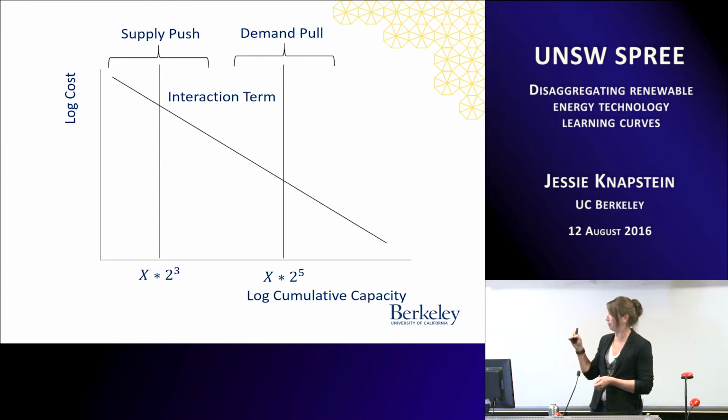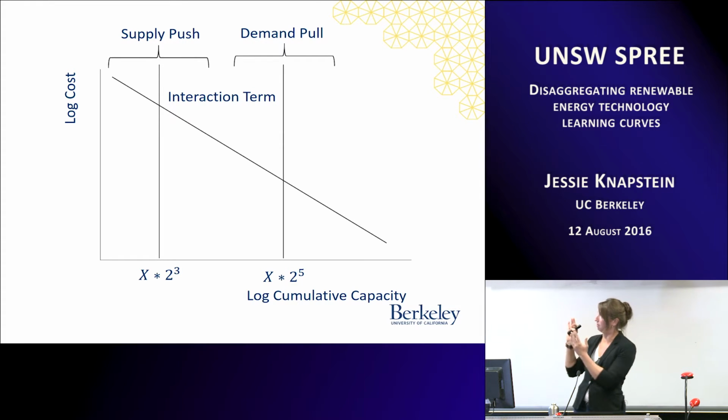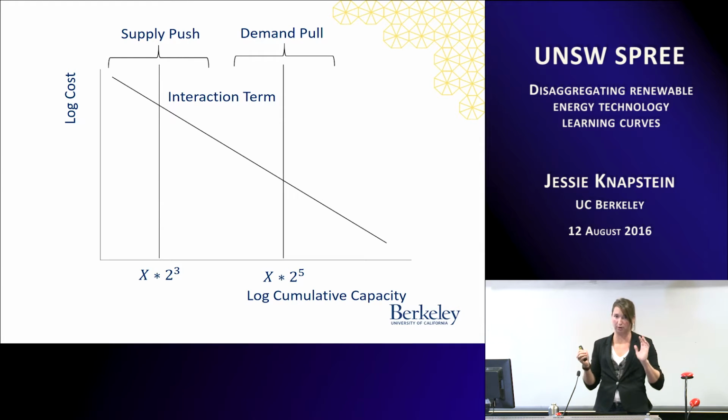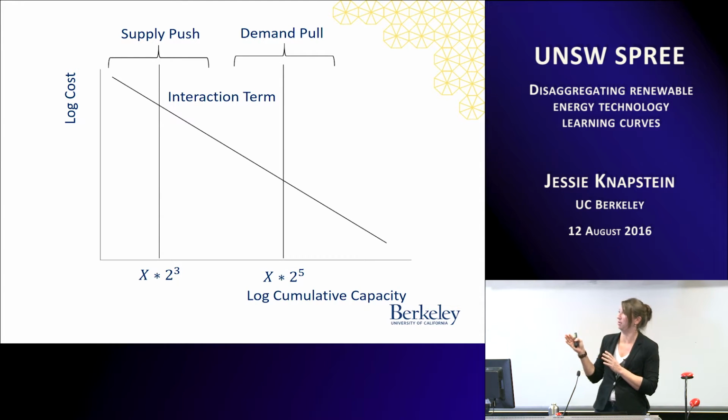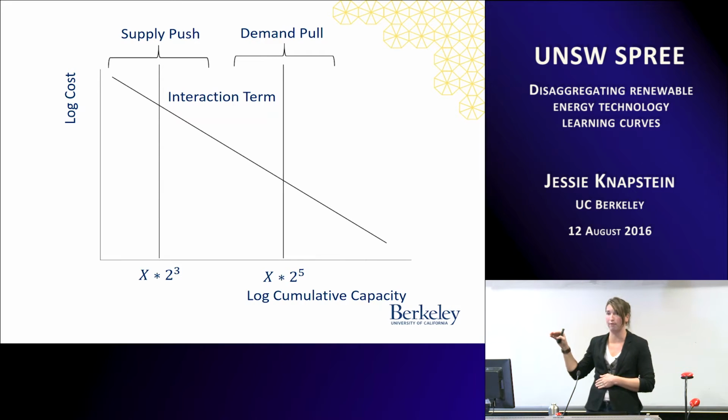No one has ever done that before, which I find fascinating because it's been alluded to in almost all the research that in that middle zone, where the technology is in the evolutionary stage, those 2 types of policies are working in tandem like they've never worked in tandem before. So you have one pushing, you have one pulling, you can imagine what happens. So adding that interaction term, essentially multiplying B LBR by B LBD and doing a sensitivity analysis of when the supply push and demand pull have the greatest effect, is what I'm currently working on.